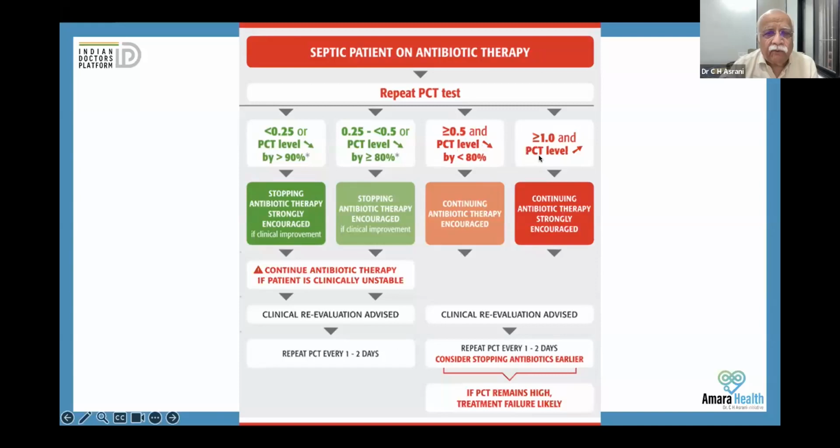And if it is more than one, and PCT levels have increased over the basal, continuing antibiotic therapy is strongly encouraged. Reevaluation is advised. Repeat PCT every 1 to 2 days. If PCT remains high, then consider that as treatment failure. Your antibiotics have not been successful in treating the bacterial source.